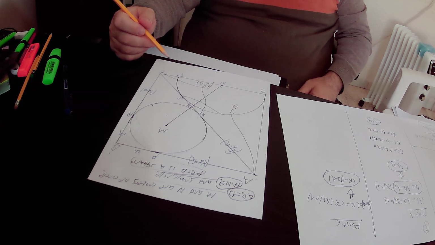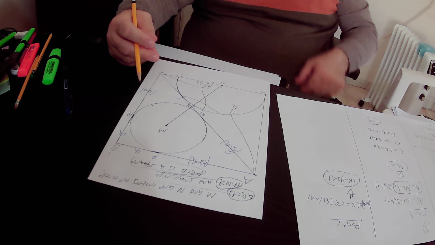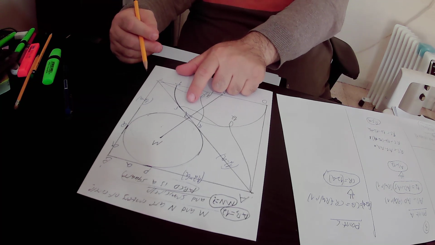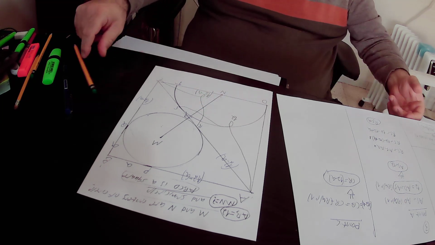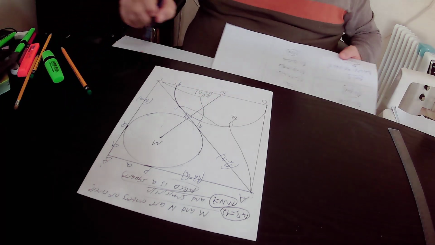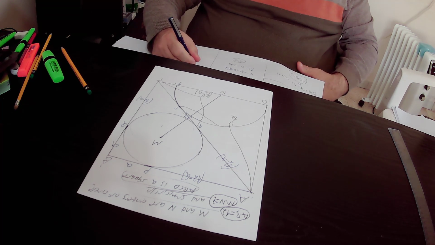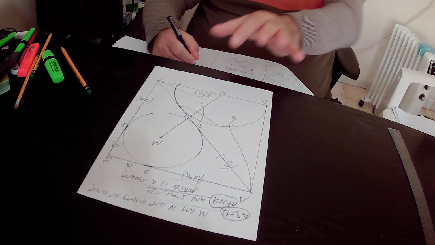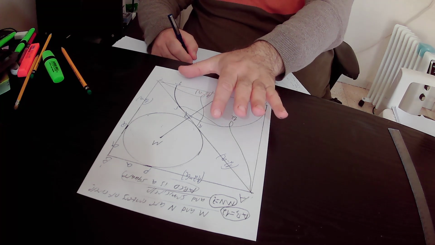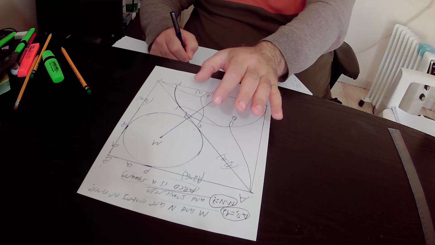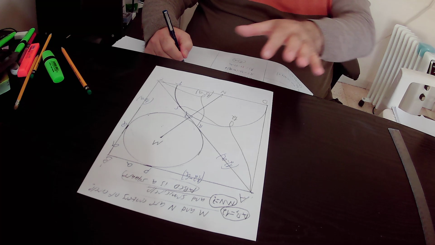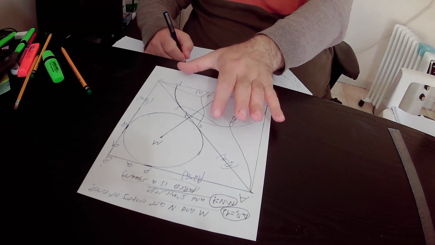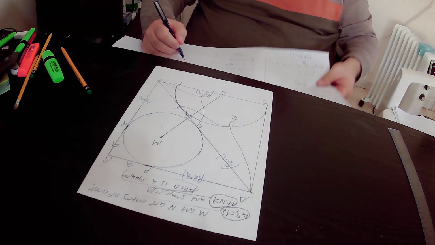And what is the value of SC? The value of line segment SC. It is very easy to see from the drawing that SC is equal to RC minus RS. Okay, SC equals RC minus RS.